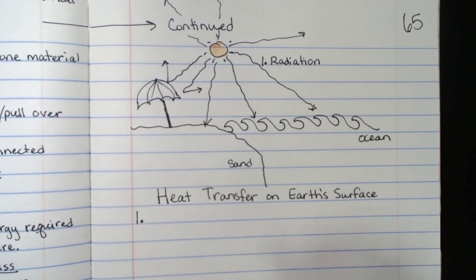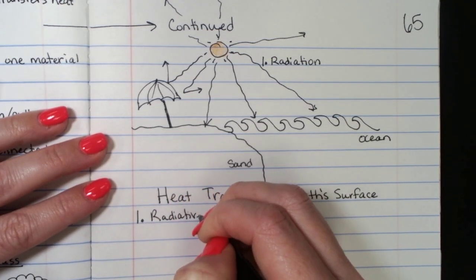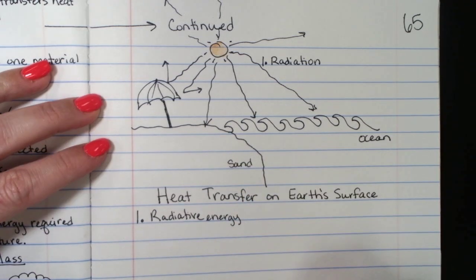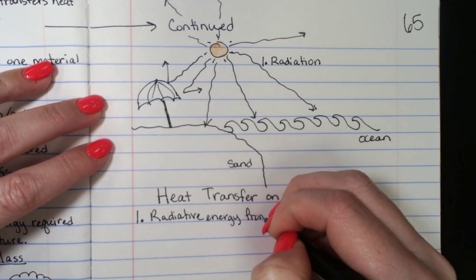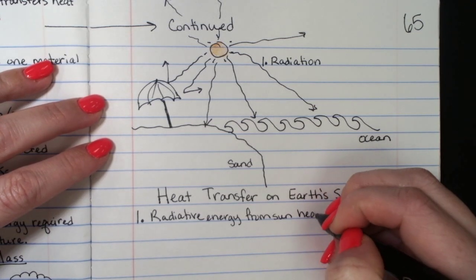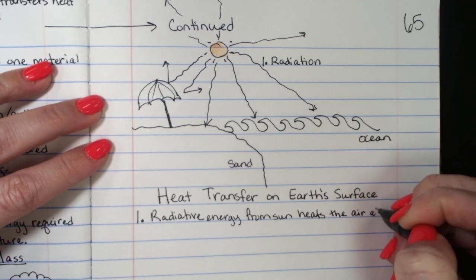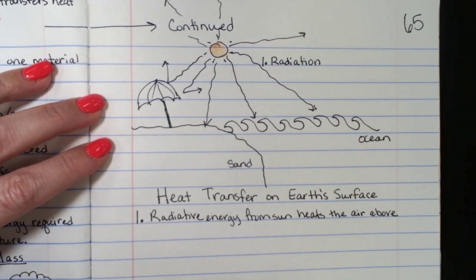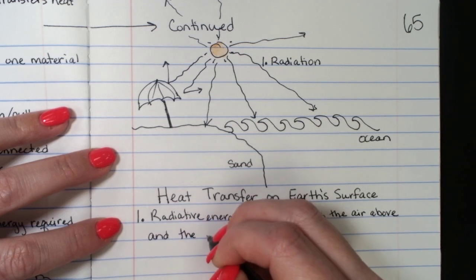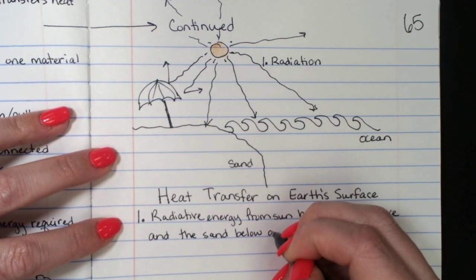Step one is radiation. So radiative energy from the sun heats the air above and the sand below and the ocean.